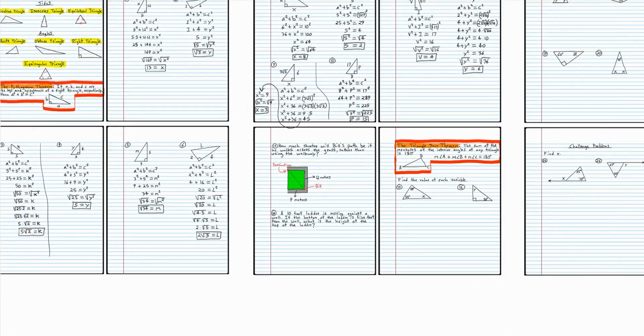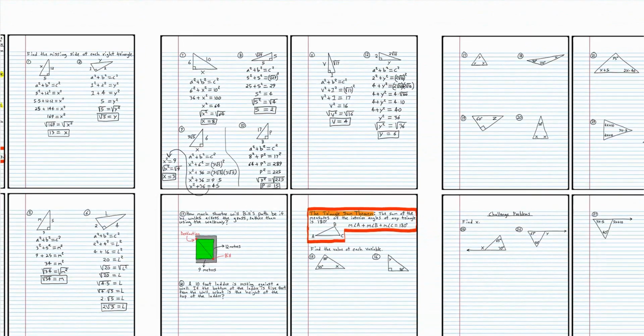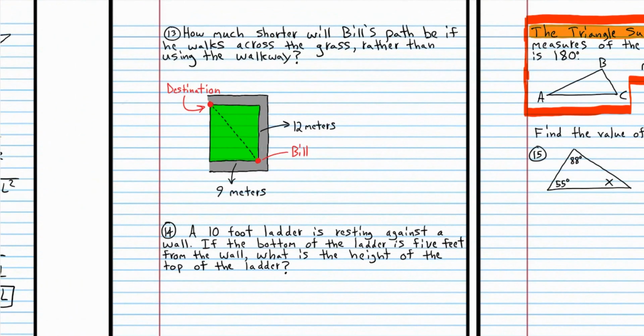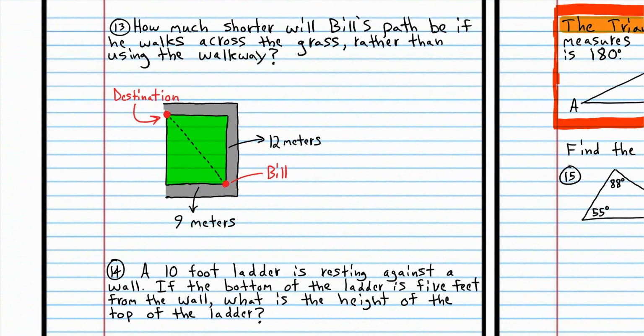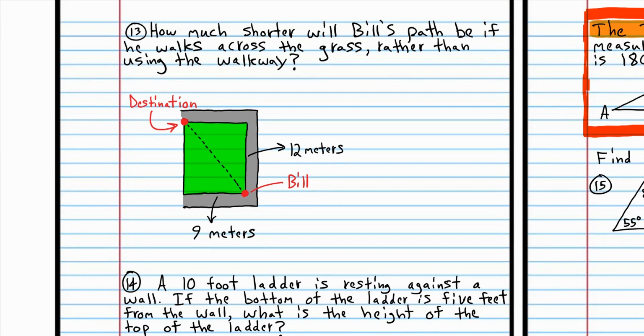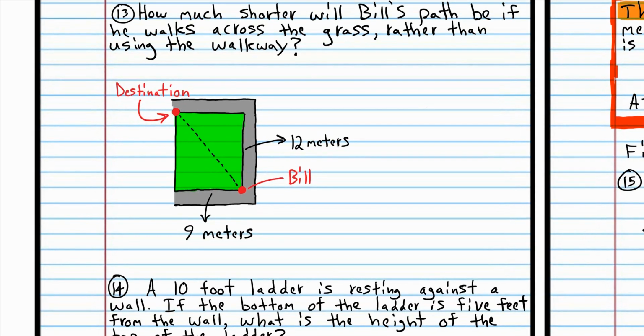So now we're going to do some word problems with the Pythagorean theorem. 2 more problems on the Pythagorean theorem before we go on to something else. How much shorter will Bill's path be if he walks across the grass rather than using the walkway? All right, so Bill's standing over here. He's at this red dot here.